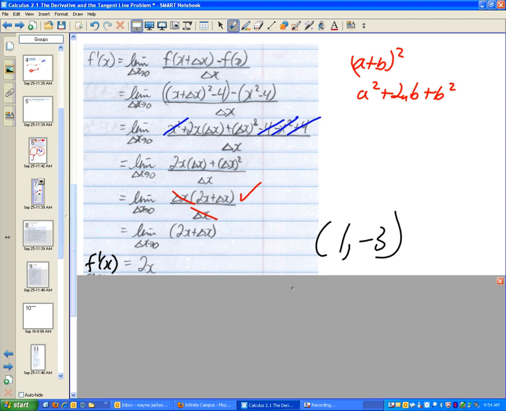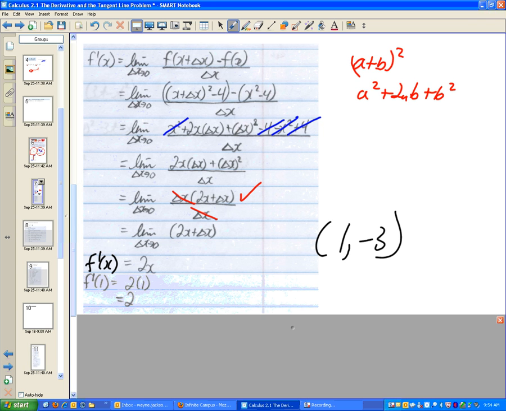I mean, duh, don't put the y-coordinate in for x. Kind of defeats the purpose of calling them different things. So the slope of the tangent line at that particular point is 2. And notice the notation. I called it f prime of 1. F prime of 1 means the value of the derivative when x equals 1.